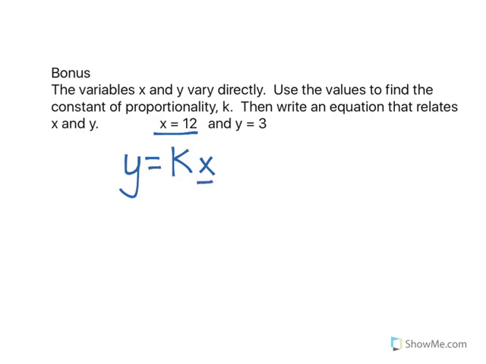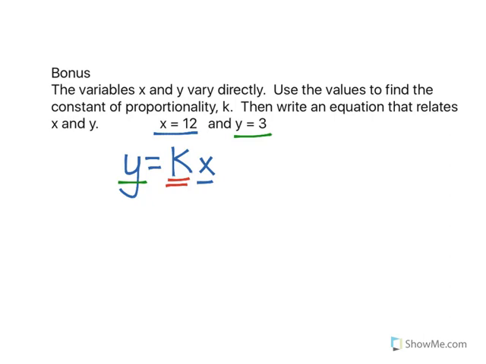We know that y equals 3. And we want to find out what k is. So do we have enough information to find this? What we need to do is plug in the information we know, just like any other equation. Plug in what we know, solve for what we don't know.